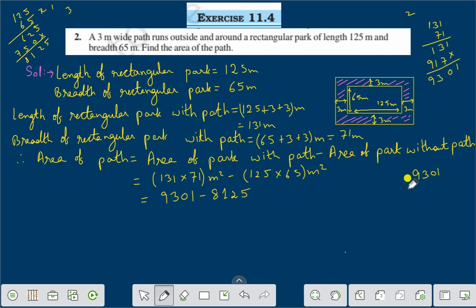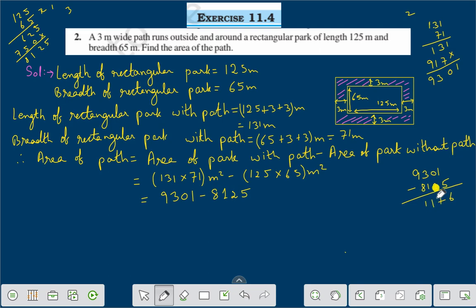If we subtract this one, that is 9301 minus 8125. Subtract this one, 5 plus 6, 11, carry 1, 2 plus 1, 3, that is 7, carry 1, 1 plus 1, 2, 3 minus 2 is 1, 1176.